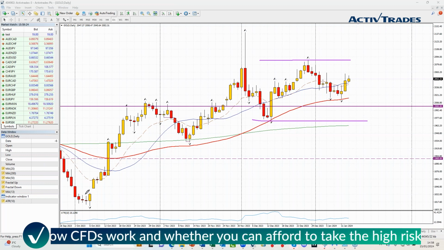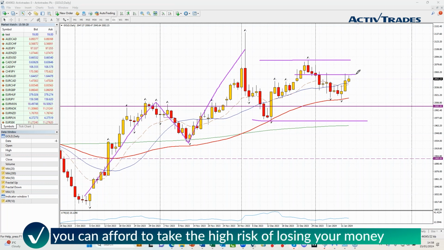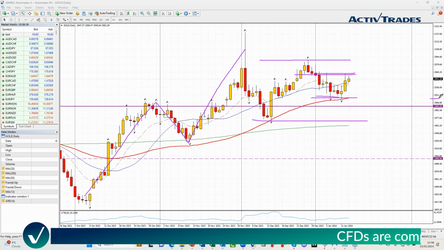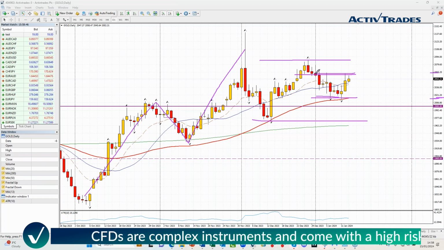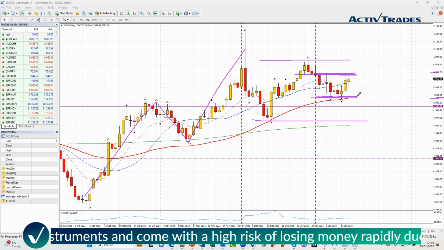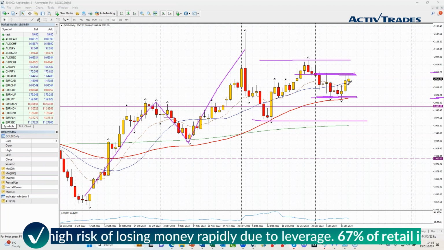Yes, we had some fantastic moves on gold, but if you look at 2024 so far, we're in a small range between around 2020 and 2065. A $40, $45 range, and a little bit like the indecision and consolidation on the indices and the US dollar, we also see a little bit of that on gold.